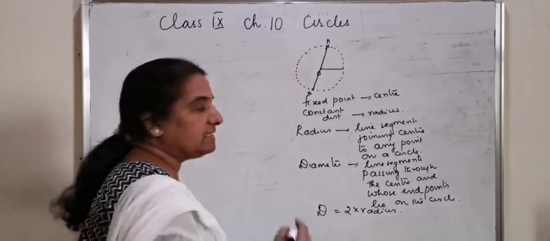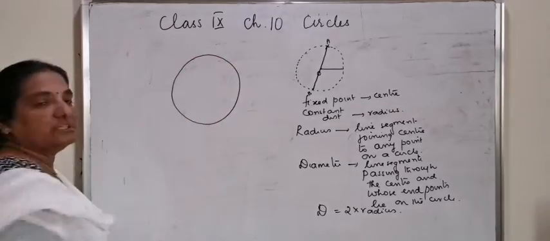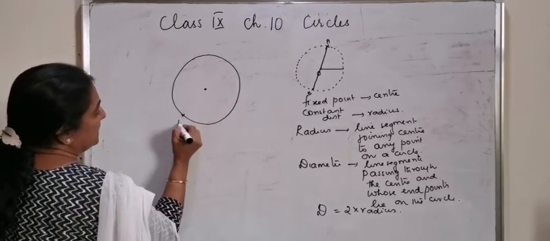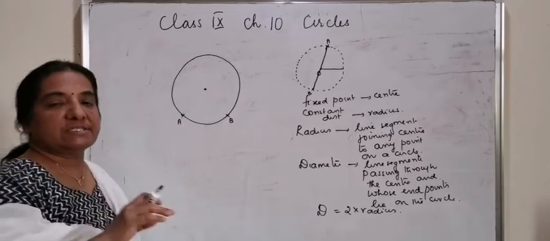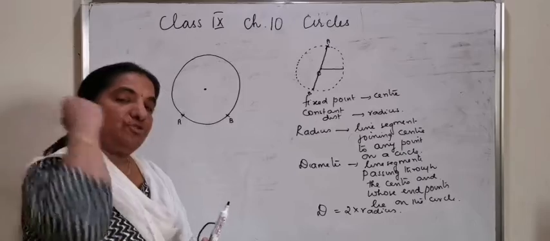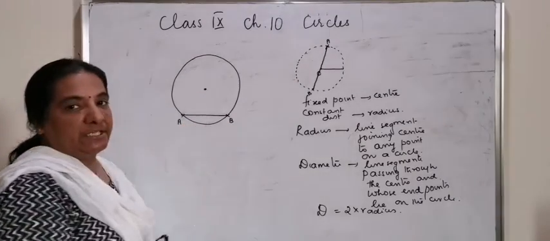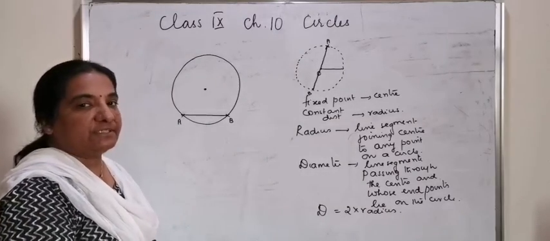The next relevant definition is on a chord of a circle. What do you mean by the chord of a circle? If you have any 2 points on the circle and you join those 2 points by a line segment, it need not necessarily pass through the center of the circle.